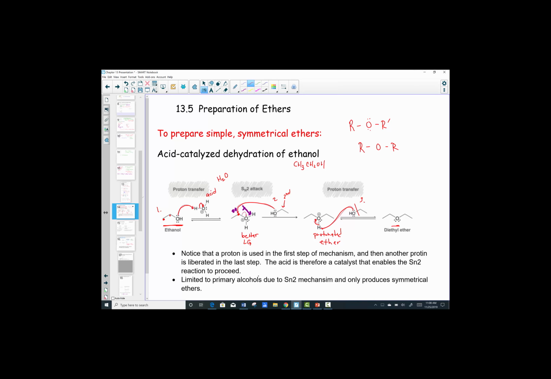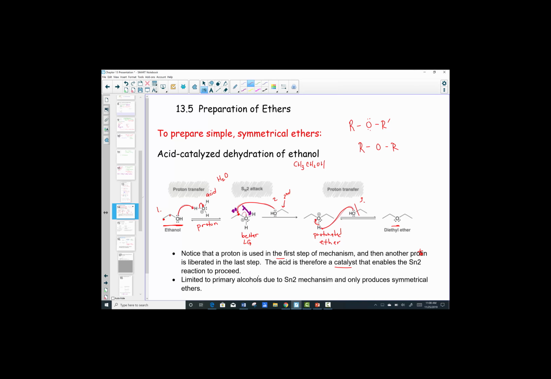So notice that a proton, right here, is a proton source in the acid catalyzed. It's used in the first step, but then another proton is liberated in the last step. And that's just going to be able to perpetuate the SN2 reaction, needing that acid catalyst.